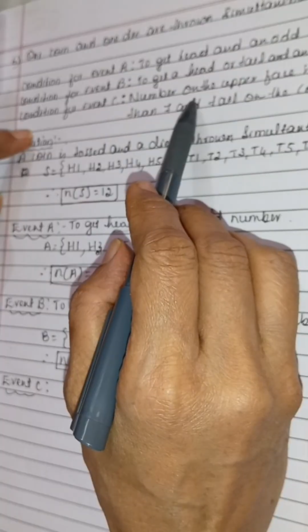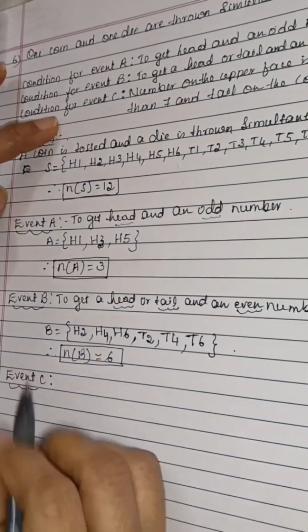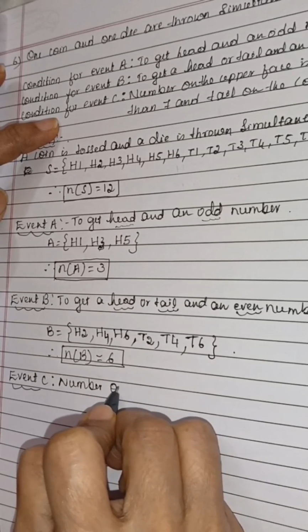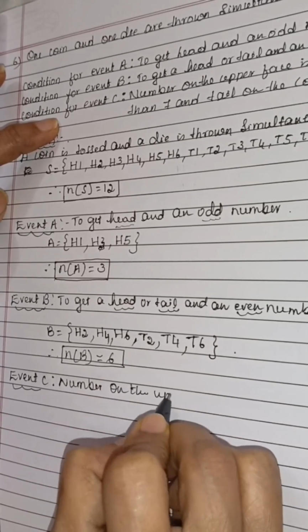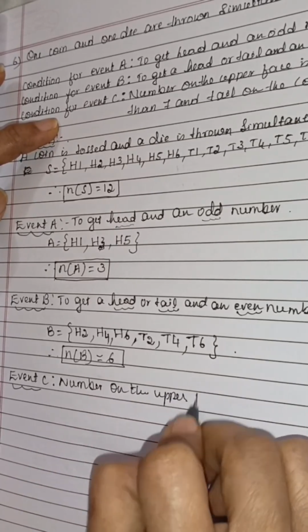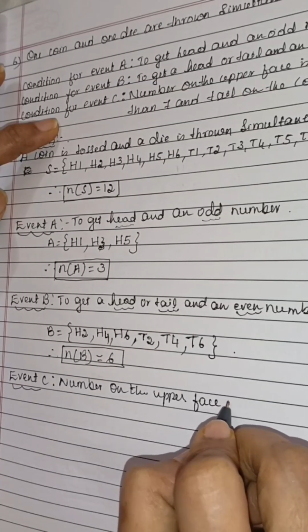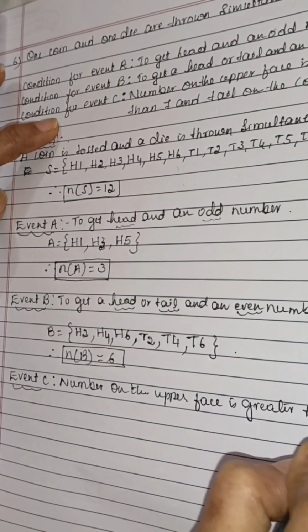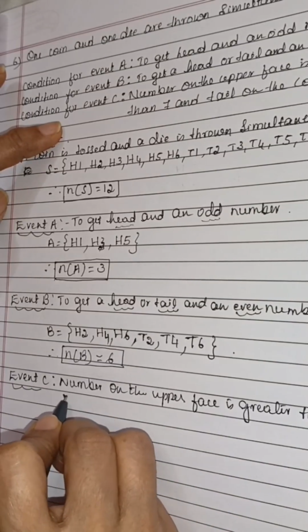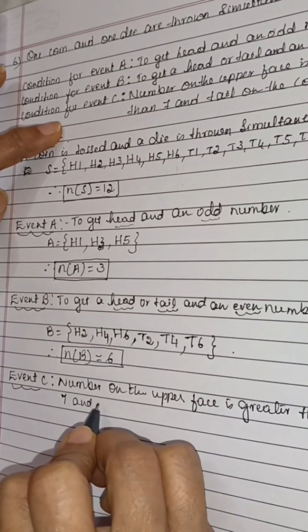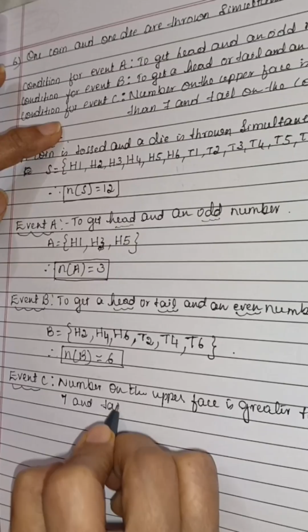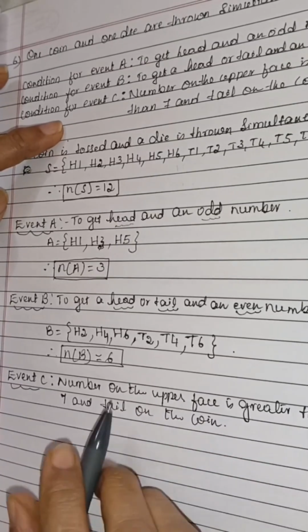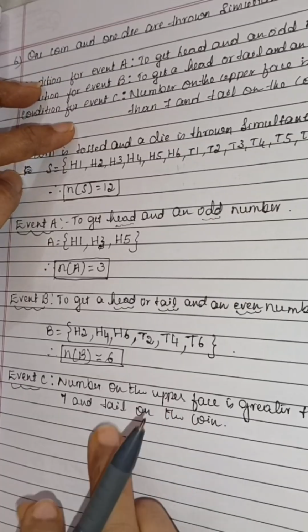Number on the upper face greater than 7 means what?